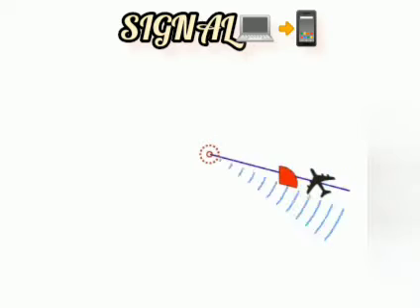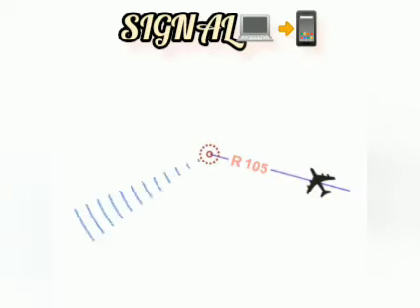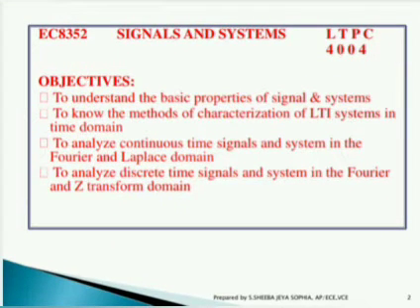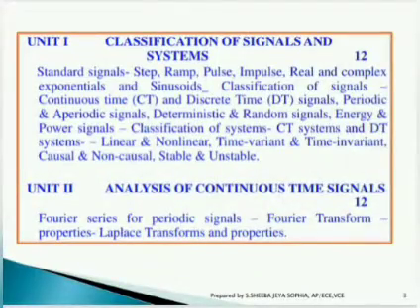So with these few details, now we are moving to the syllabus. In this subject we are going to cover a total of 5 units, where Unit 1 deals with the classification of signals and systems, and Unit 2 deals with analysis of continuous time signals.